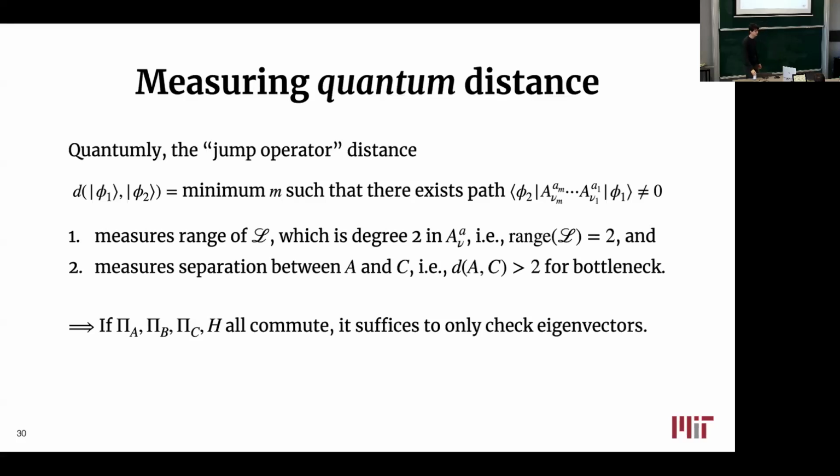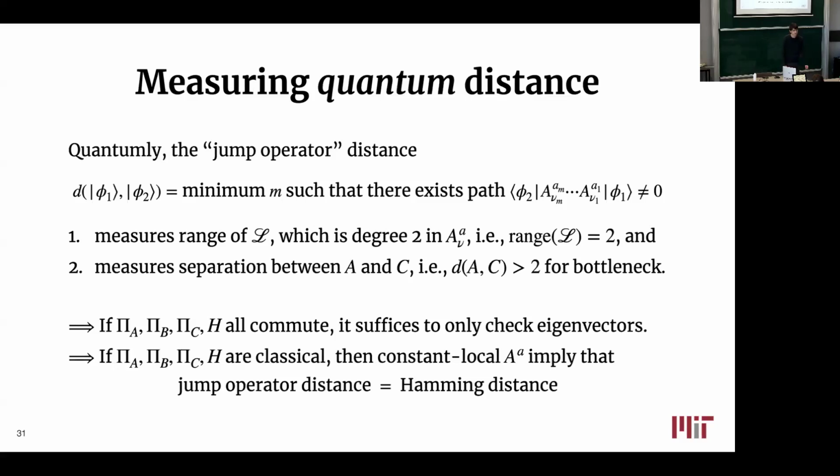Do you mean maybe an operator that is identity everywhere else and then something non-trivial on A? So yeah, in the quantum setting, A and C are going to be projectors, pi A, pi C. And so you'll have states there. Okay, so it's just some projector on A and then identity everywhere else. Yeah.